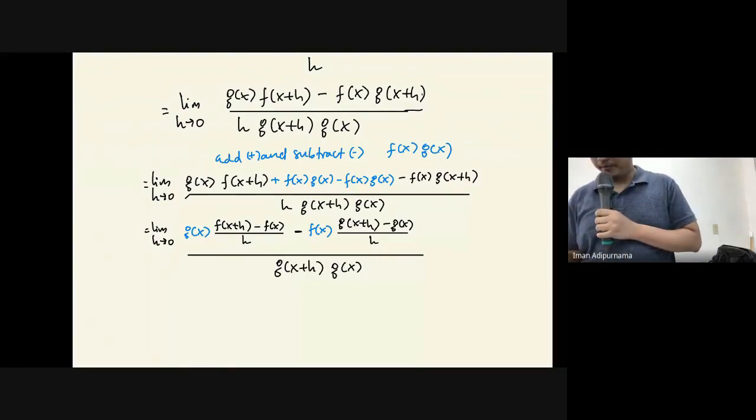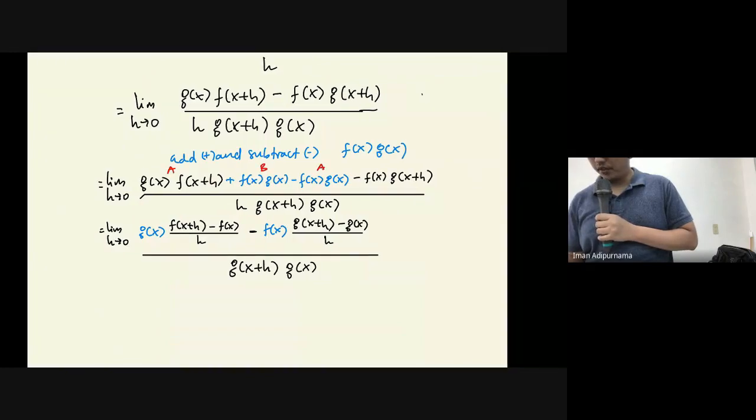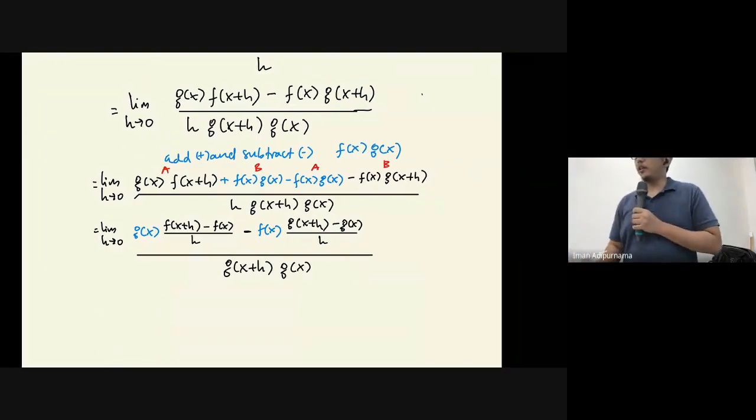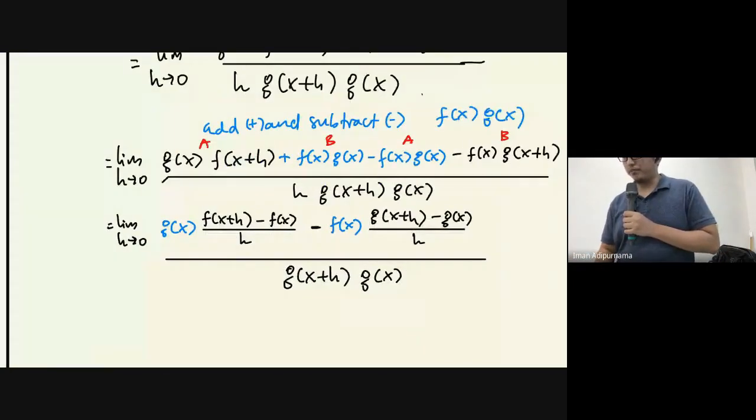Maybe I will give you some notes here. So this A, this A, this B, B, meaning you're grouping A with A, B with B, and you will have this form. And you are moving the h, this h down here, from here to here.